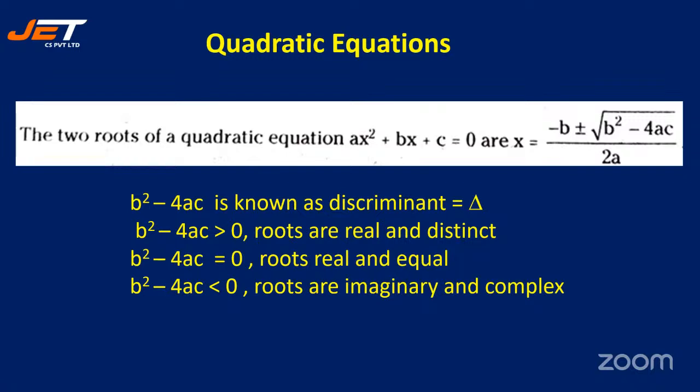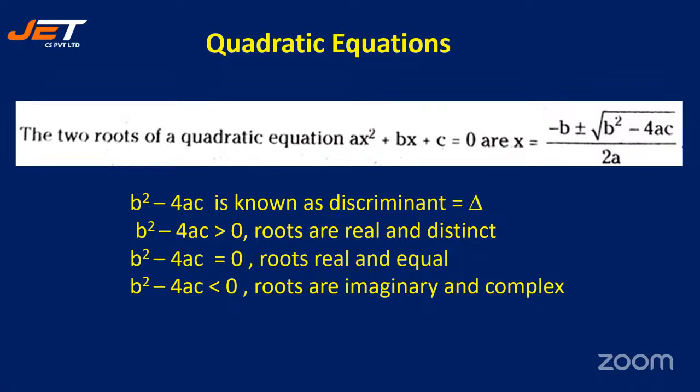It's very important that you write down these formulas. Let me repeat: b square minus 4ac is called the discriminant. If it is greater than 0, then the roots are real and distinct.